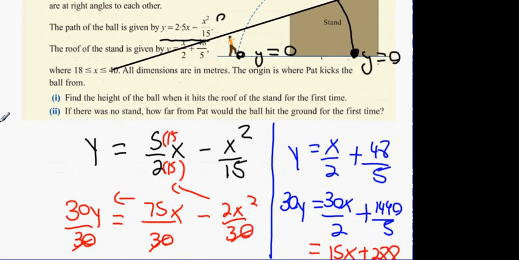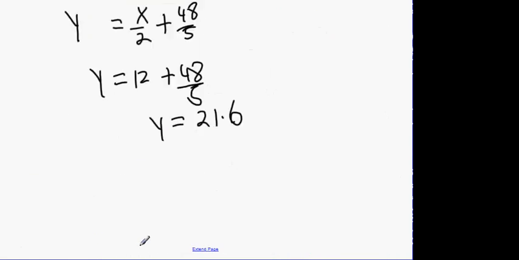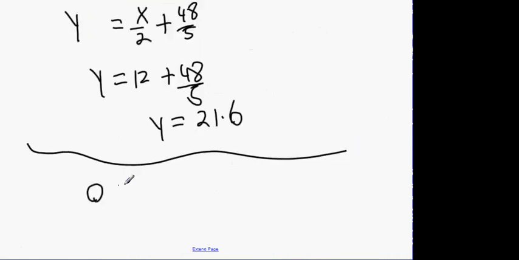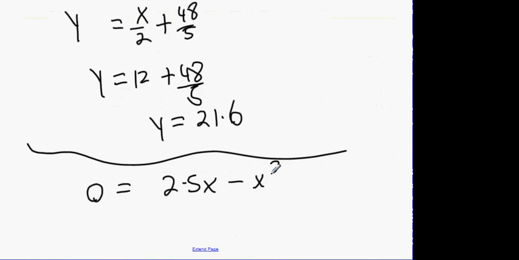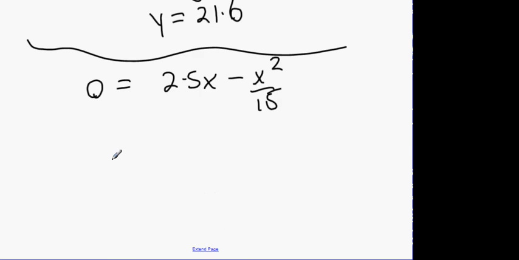So we're going to get 0 equals 2.5x minus x squared over 15. Multiply both sides by 15. We're going to get 0 equals, what's 15 times 2.5? 37.5.